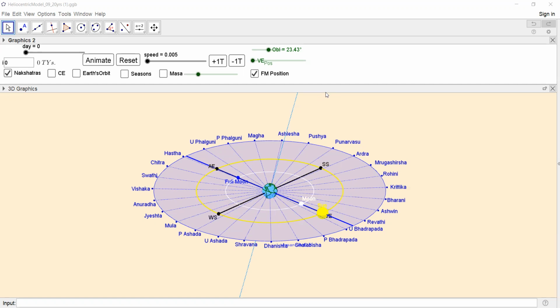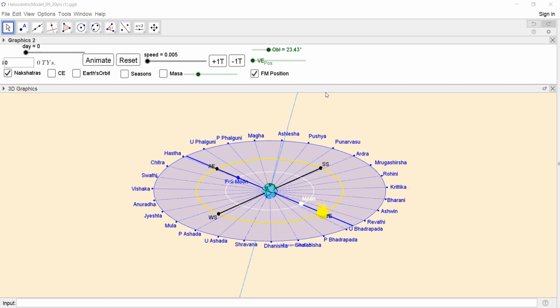Recall the time taken by the sun to go around the earth is about 365 days, and the time taken by the moon to go through 12 lunations, or 12 complete rotations from say Amavasya to Amavasya, that constitutes the lunar year, amounts to about 354 days. So that leaves a gap of about 10 to 11 days between a lunar year and a solar year.